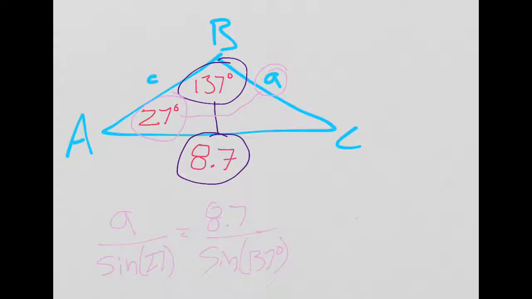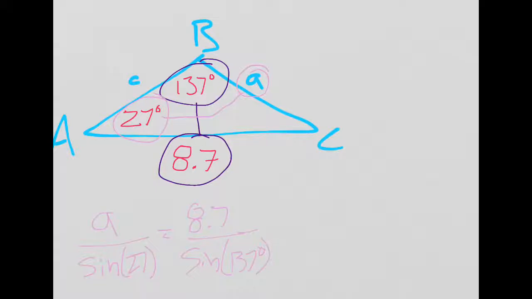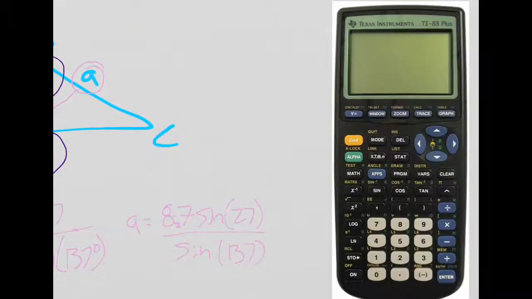I want A, so I need to multiply by the sine of 27 on both sides. So I will get A equals 8.7 times the sine of 27, all divided by the sine of 137. Plug that into your calculator and you have your answer.